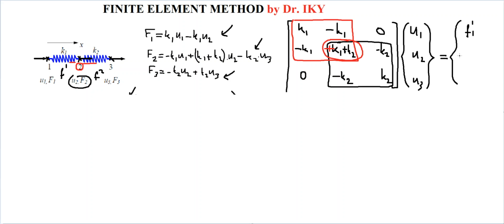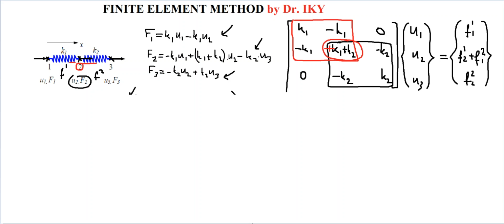For the U2, we have got first element, second force plus second element, first force. And for the node 3, you have got second element, second force. So this is the same equation using the equilibrium behind.